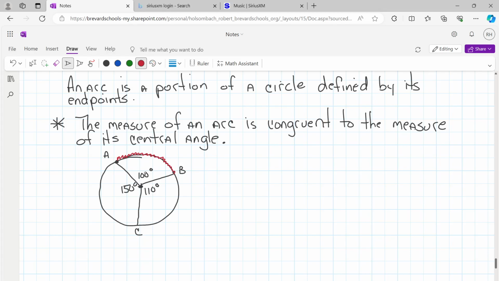So since that angle formed arc AB, then arc AB is 100 degrees as well. If we look at arc BC, arc BC was formed by a central angle that measured 110 degrees. So the measure of arc BC is also 110 degrees.